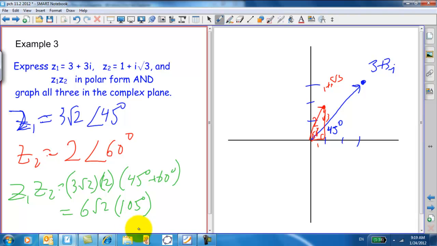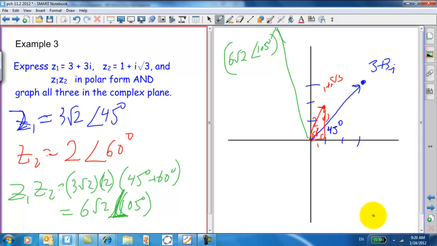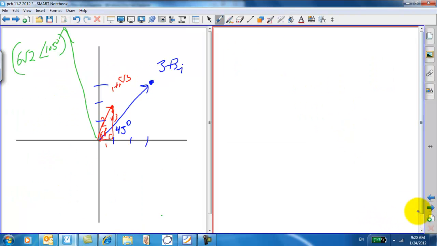So here's our 105 degrees, and there's your 6 root 2. Now notice if you tried to do this in rectangular, you could.